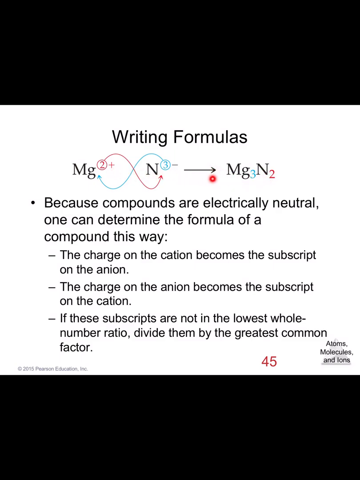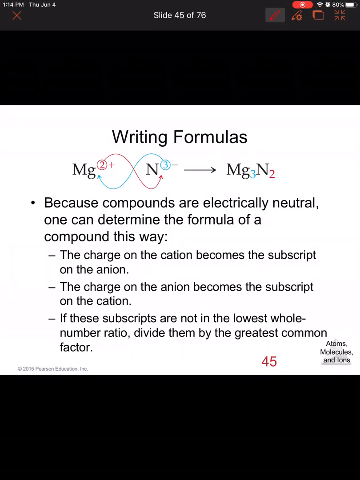And once you write the formula, you don't write any positive or negative charges. Compounds are electrically neutral, so we want to make sure that when you write the molecular formula, the charges are neutral. By doing this, you are guaranteed that your charges will be neutral. So let's see how the charges of magnesium nitride become neutral.